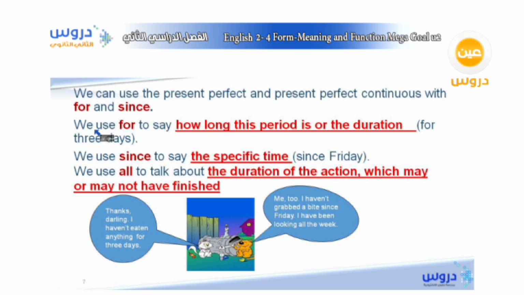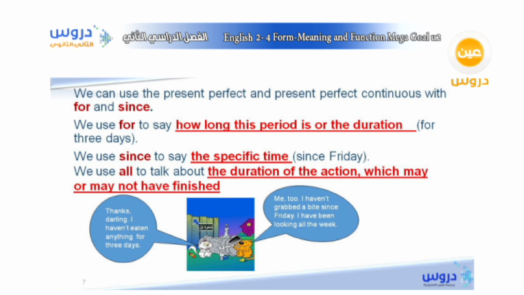Here we have a number, so we use for 3 days. But we use since to say the specific time. For example, since Friday. So here there is no number, but there is a specific point in time. We use both to talk about the duration of the action, which may or may not have finished.